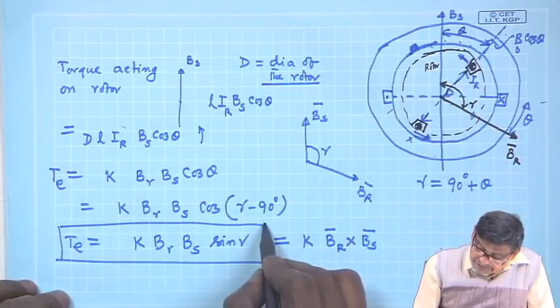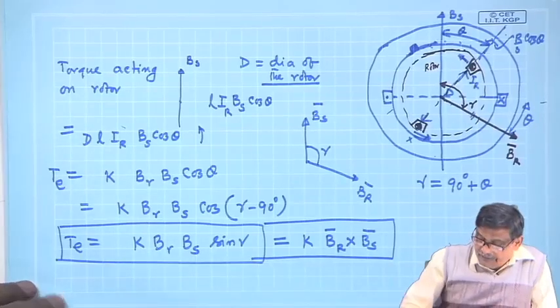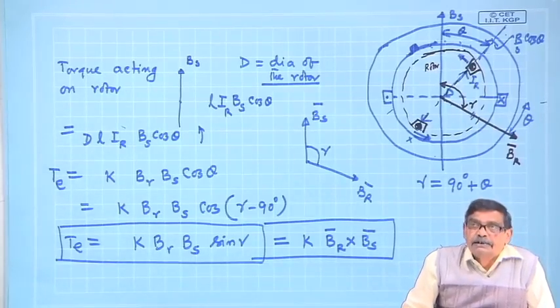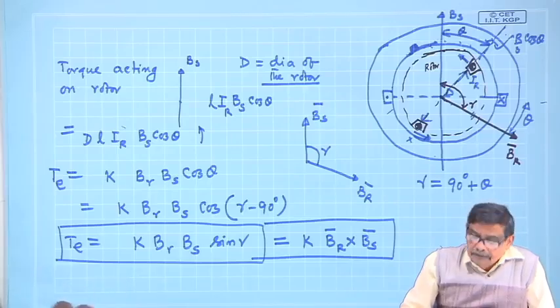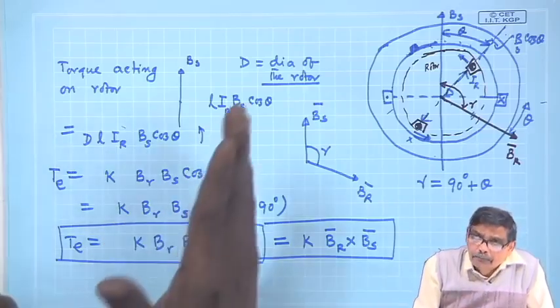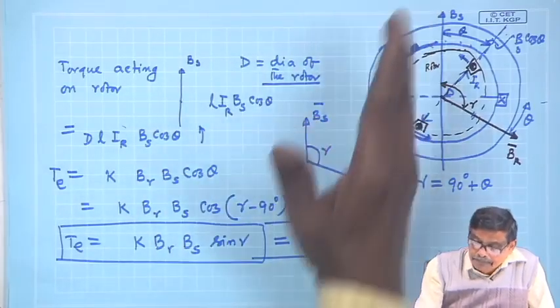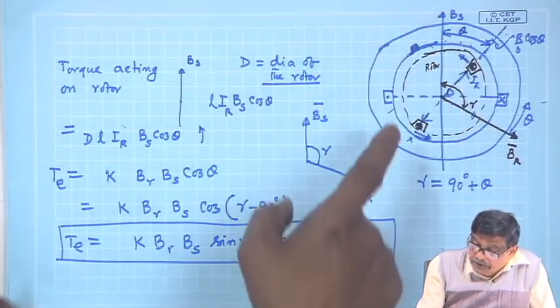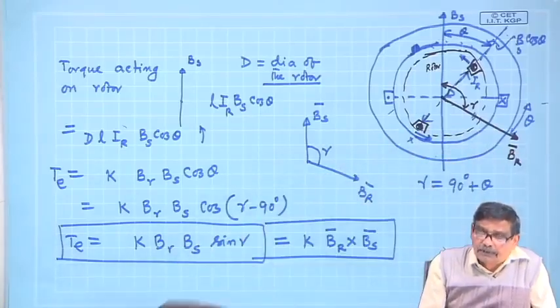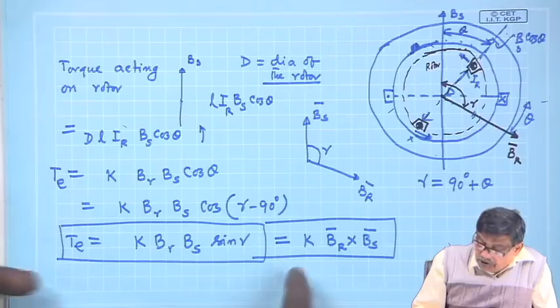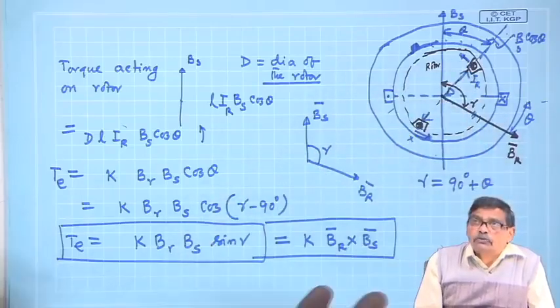So, this is the important result: the electromagnetic torque developed by a machine, if you know the position of BS, the field produced by the stator coil, and the position of the rotor field at any instant of time, this is the torque experienced. What I told you in the derivation, the rotor is not allowed to move.